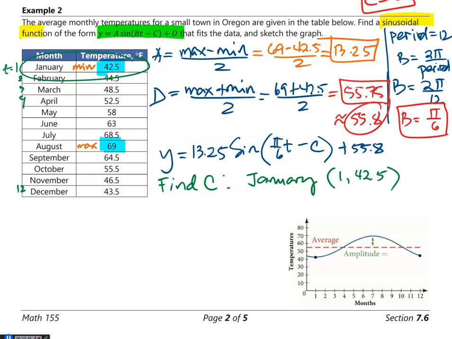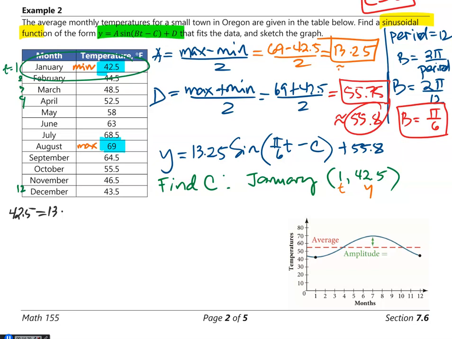Now we can substitute this. This is your t, and this is your y. So we can substitute that here, and we can solve for c. So let's do that. So y is 42.5 is equal to 13.25, or let's use 1 decimal since the given temperatures are in 1 decimal.